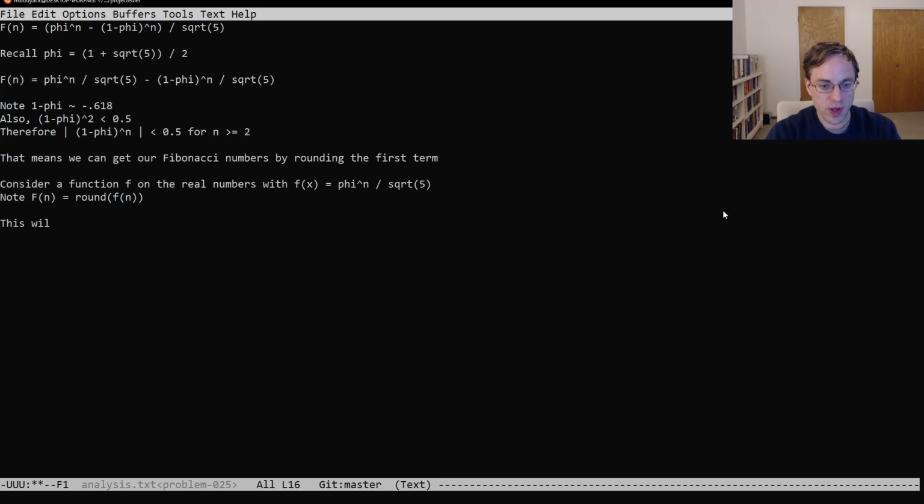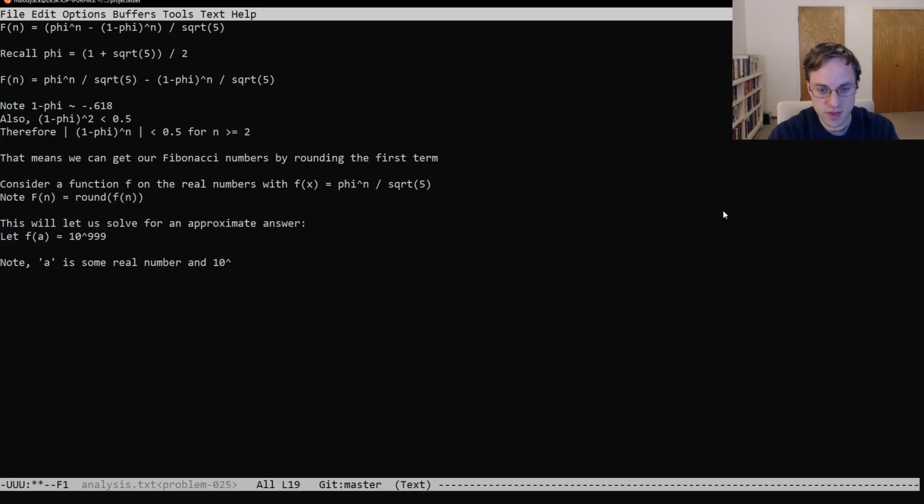So this will let us solve for an approximate answer. We'll say, let f of a equal 10 to the 999. So a is just going to be some real number, and 10 to the 999th power is the first integer with 1,000 digits.